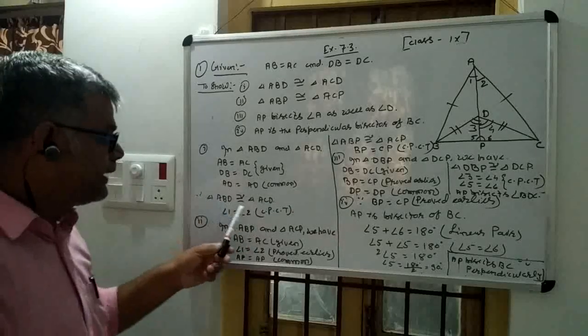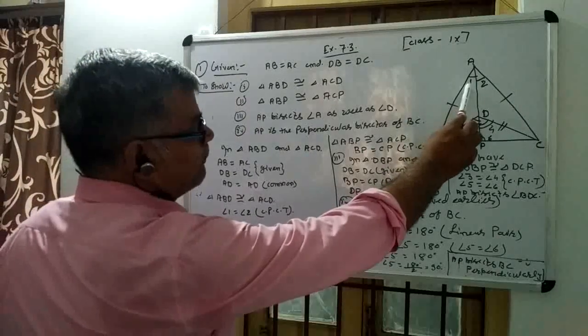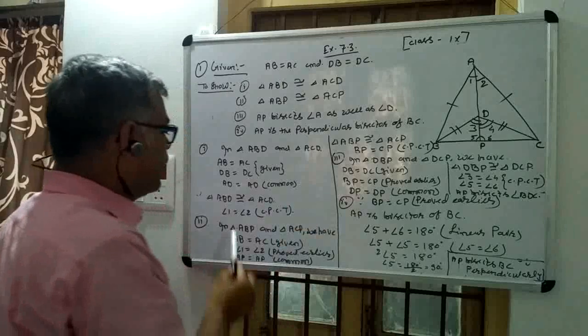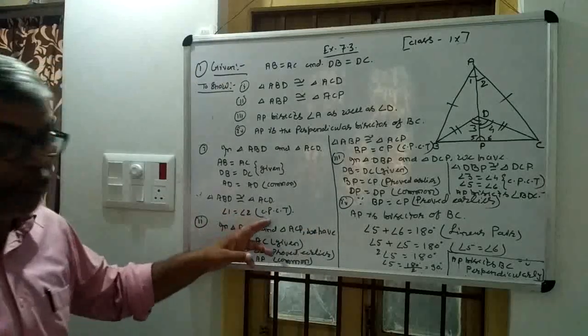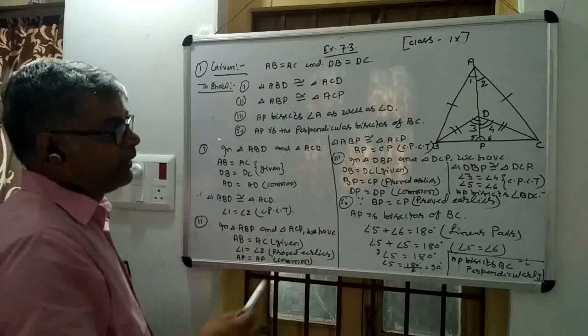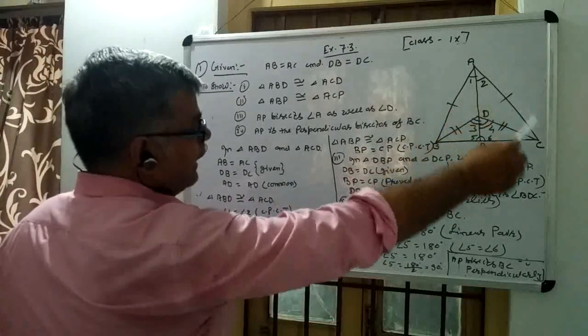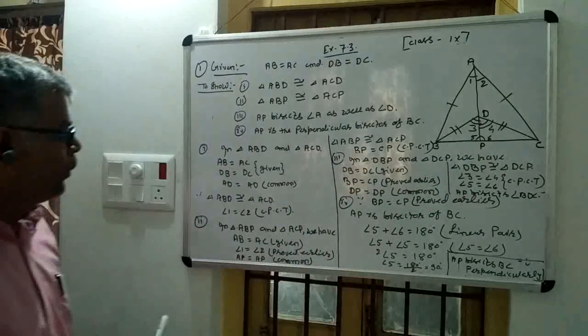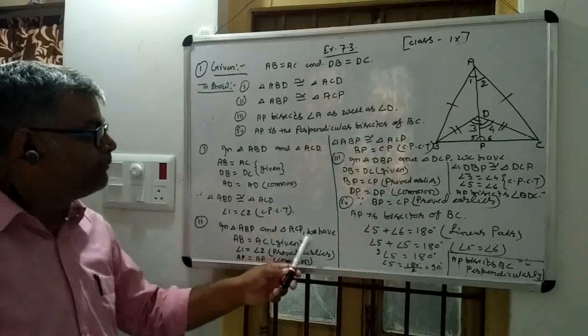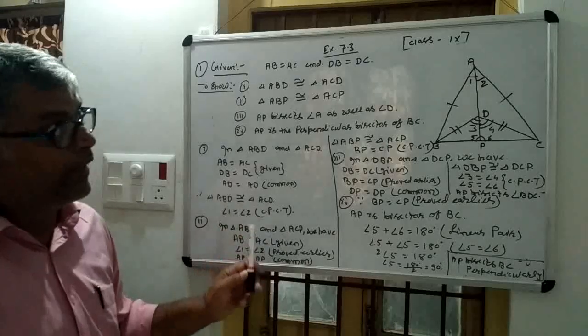And when triangle ABD is congruent to ACD, then from CPCT we have angle 1 equals angle 2, by the property of CPCT. Now come to the second part. In the second part we need to show triangle ABP and triangle ACP. So in triangle ABP and ACP we have AB equals AC, already given.